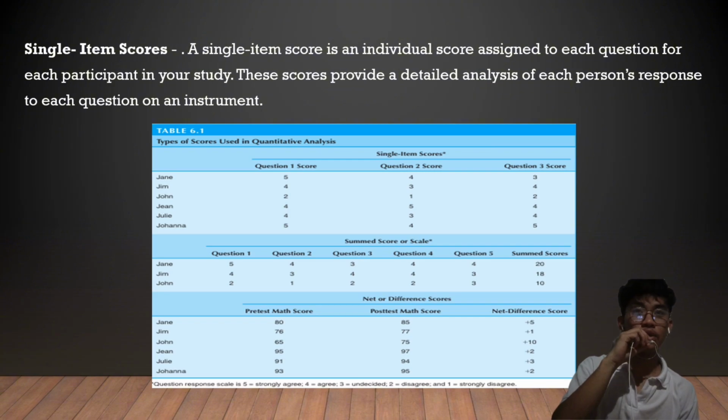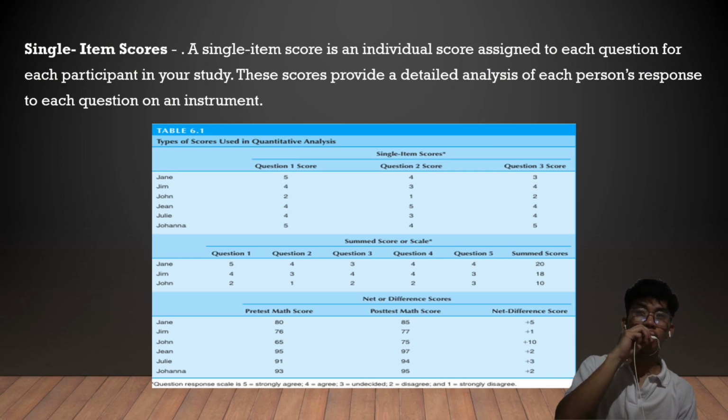And researchers add the individual items to compute an overall score for a variable. As shown in this table, the three participants, Jane, Jim, and John, have provided responses to 5 questions. The researchers sum the scores for each individual to provide a single score for a variable representing all 5 questions.